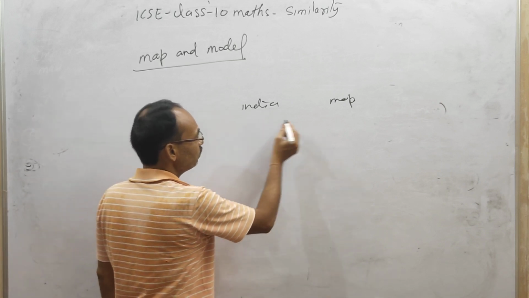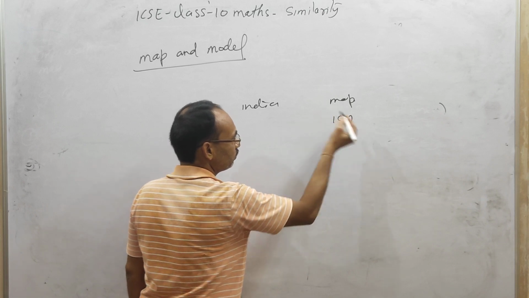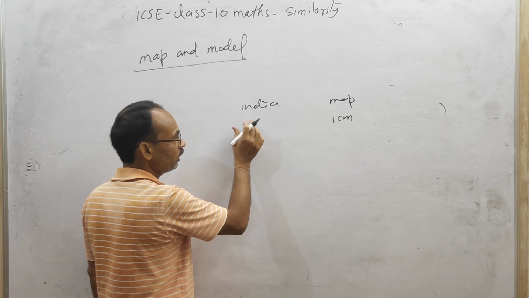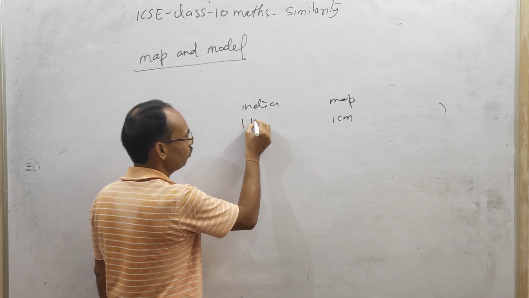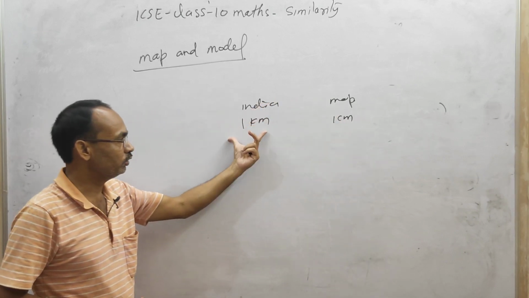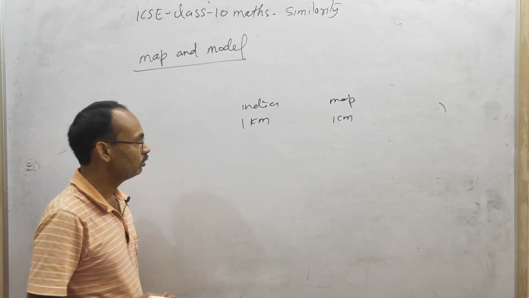Suppose that in the map 1 centimeter is equal to 1 kilometer in real India.